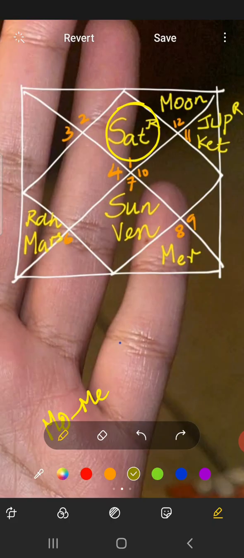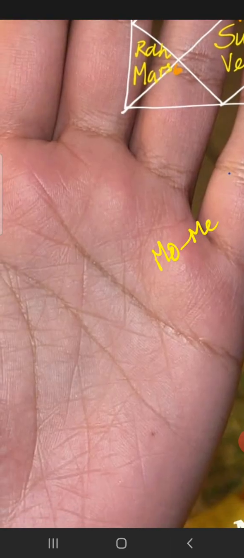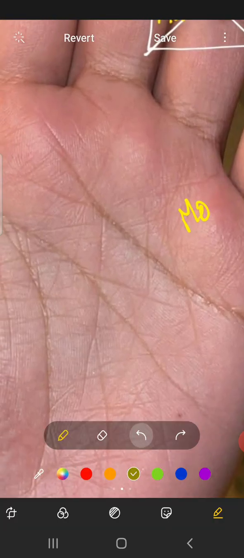Now, coming to some more interesting combinations in this palm, you will see here that the Shukra Rekha is this one, and there is a branch. इसको हम हसिया कहते हैं, हसिया, sickle shape. This is a sickle shaped line.